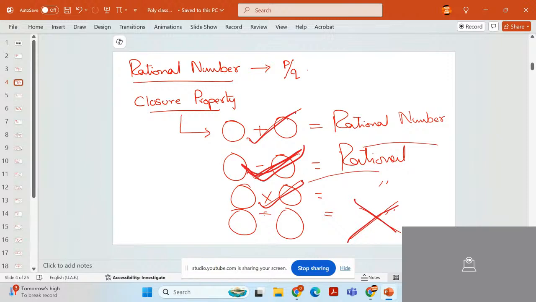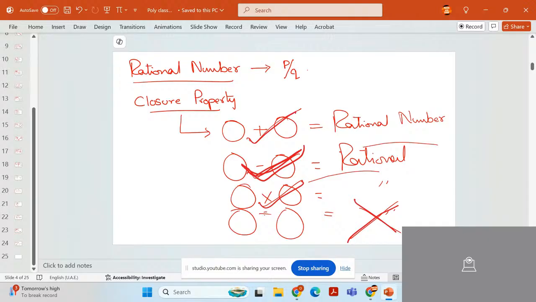So the quotient of two rational numbers, quotient means what? Division. You cannot say it is not a rational number, but you have to say it may or may not be a rational number. Got it? So this is regarding rational numbers.